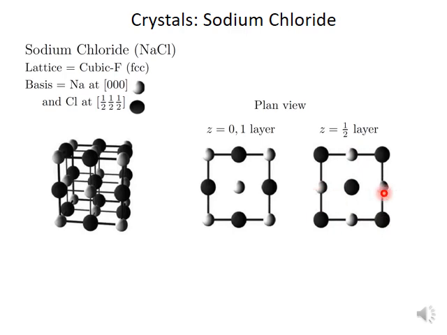So just imagine, let's do it for this reference point 0, 0, 0. If I have just one lattice point here for the FCC, I can add a sodium atom at 0, 0, 0 here, which would be this atom, and the basis would be a chlorine atom added at a half, a half, and a half, which would be exactly in the center.